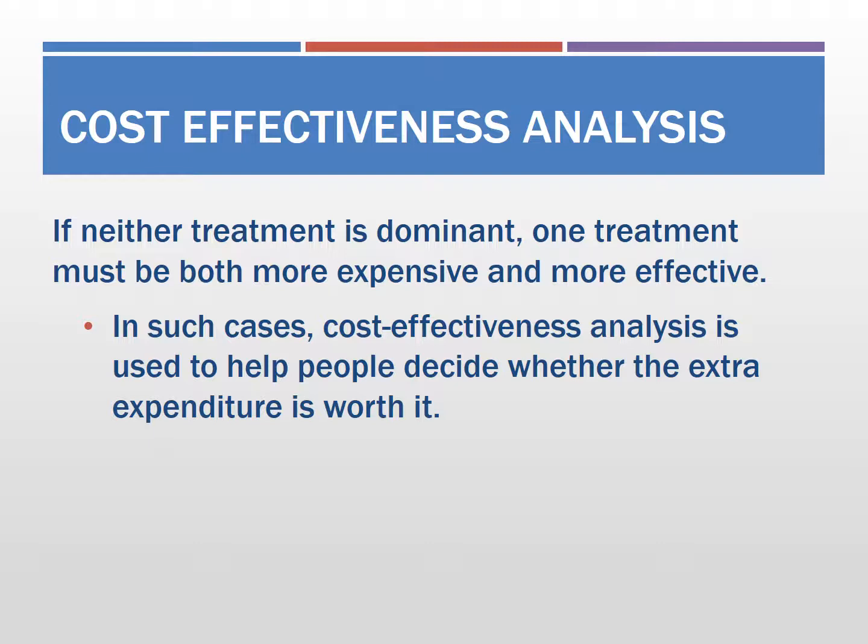In this case, it makes the decision rule a little bit more complicated, because in the previous case, obviously, no one will ever choose the dominated treatment because it's both more expensive and at the same time less effective. So in this case, we have to make use of the cost effectiveness analysis to decide whether people should choose one extra level of treatment that costs a higher value in monetary terms.